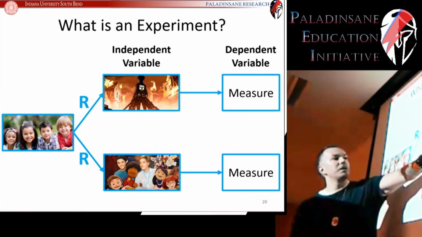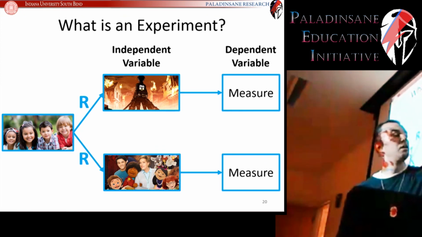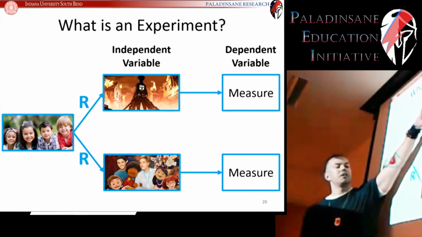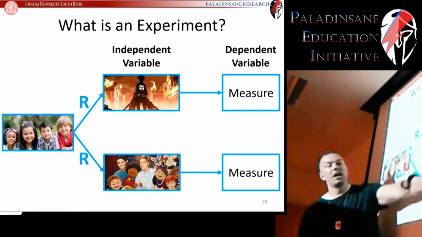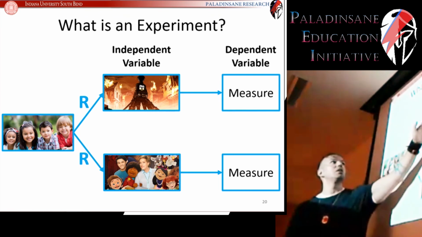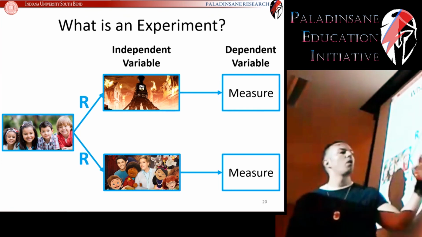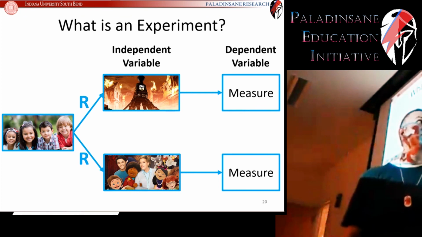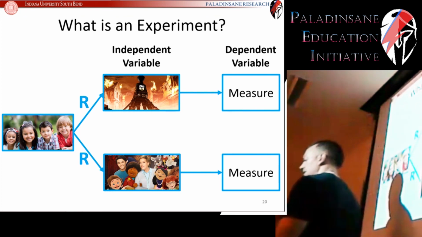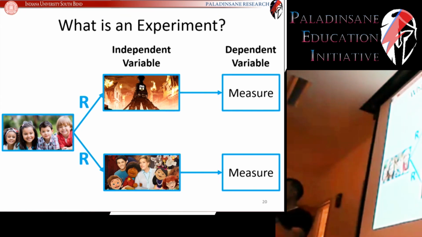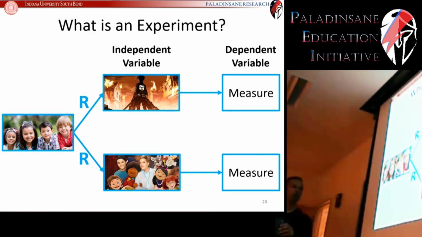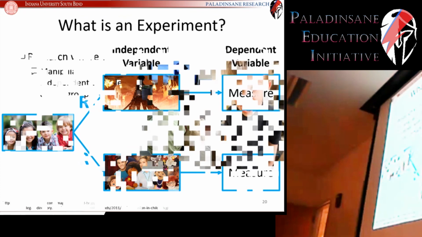So the only source of a difference here can be the difference here, and that's why we can logically conclude that this difference in watching violent TV caused any differences that we might see in the dependent measure. Does that make sense? So far, so good? All right.